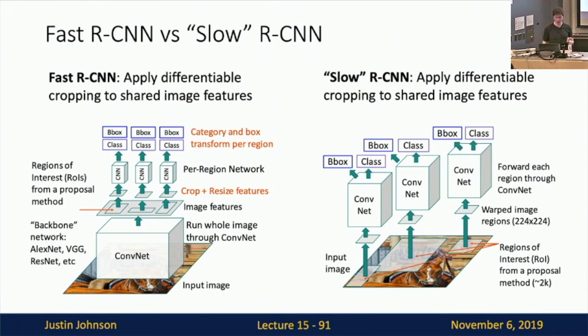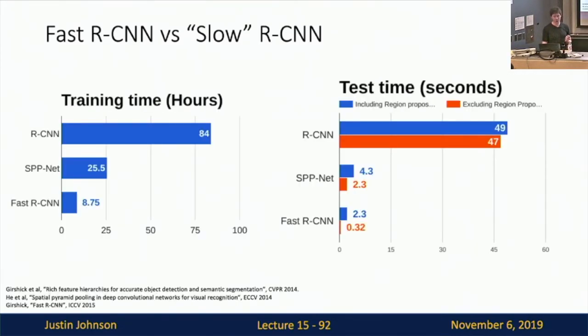Okay, so this gives us fast RCNN here on the left and slow RCNN here on the right. The difference between them is that we've swapped the order of convolution and cropping and warping. And now fast RCNN is much faster because it can share computation across all of these different image proposal regions. How much faster is fast RCNN, you might ask? Well, we can look at the training time as well as the inference time.